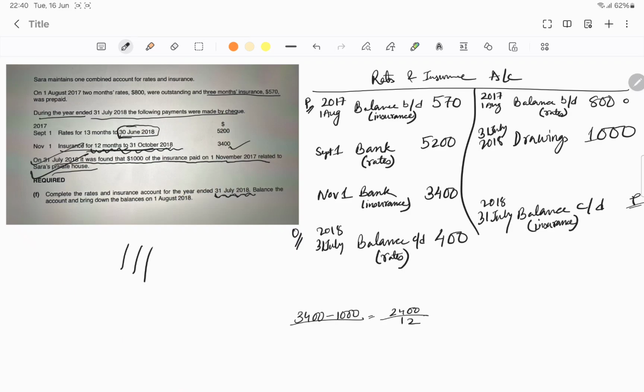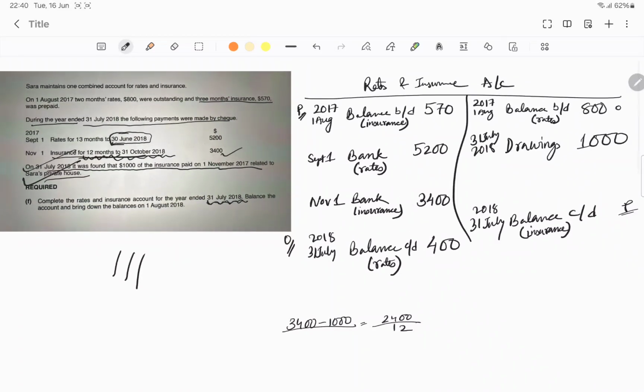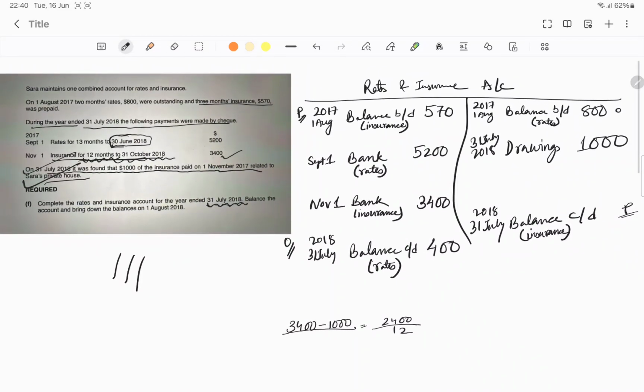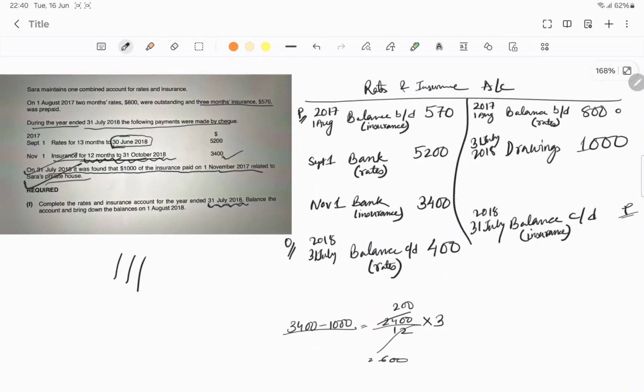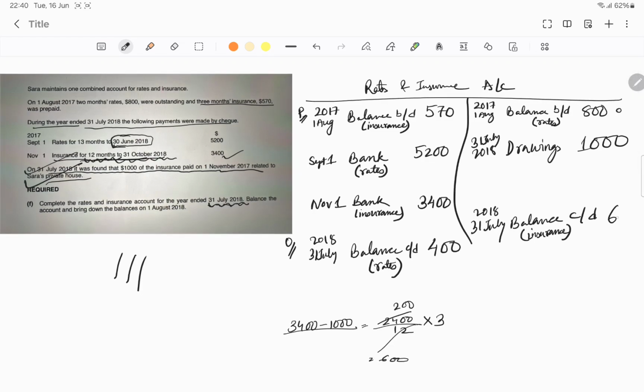We need 3 months, so 2400 divided by 12 is 200, and 200 times 3 is $600. So balance carried down on the credit side of prepaid, we write $600.